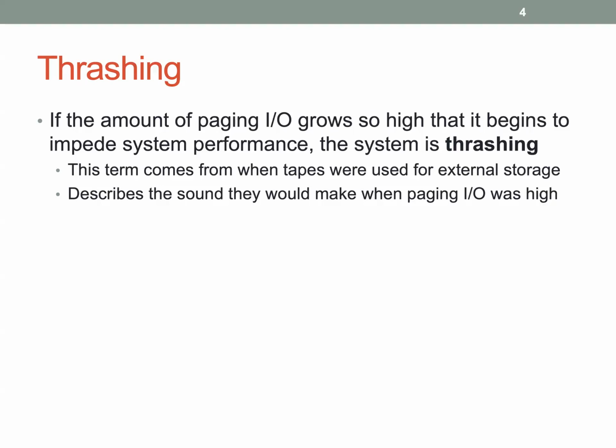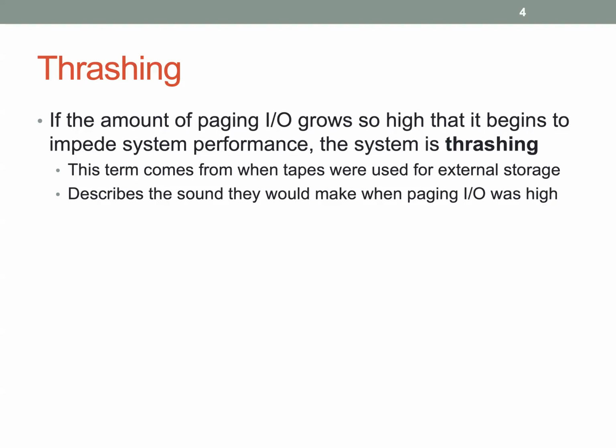And so a process starts to run and it faults, and some other process loses a page from its working set that it needed. And so the first process is now blocked on I/O. Some other process runs. It faults. And then another process loses a page that it needed in its working set.